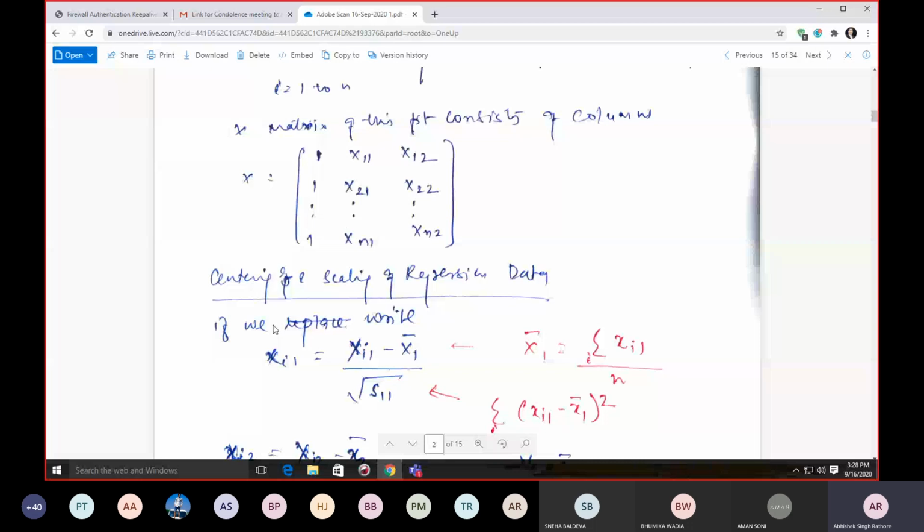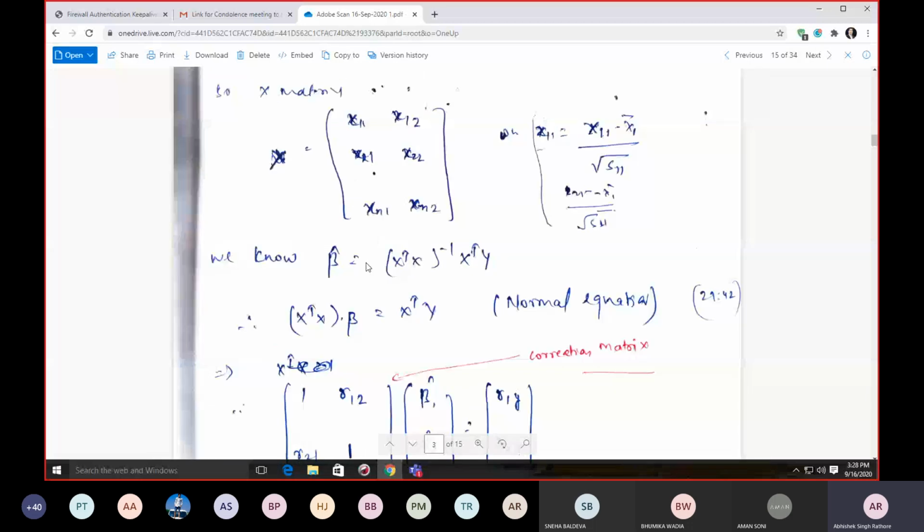As we know, our estimated beta is just equal to x transpose x inverse x transpose y. So we are going to our normal equation. This is x transpose x into beta equal to x transpose y. I am just writing this equation.